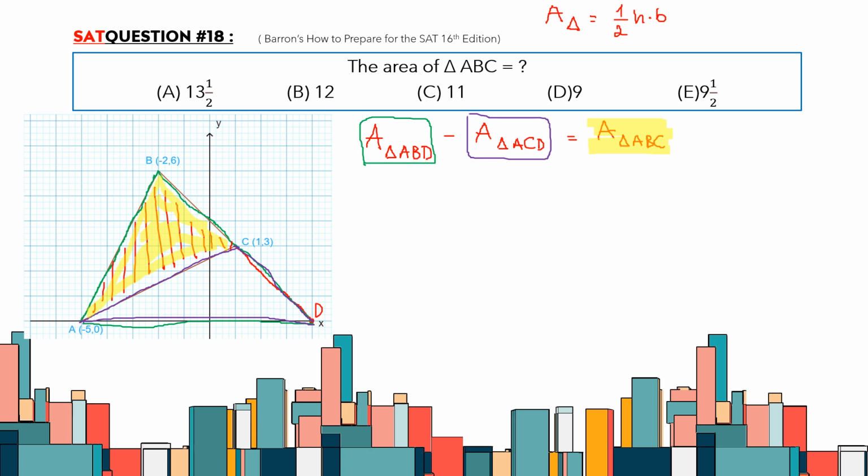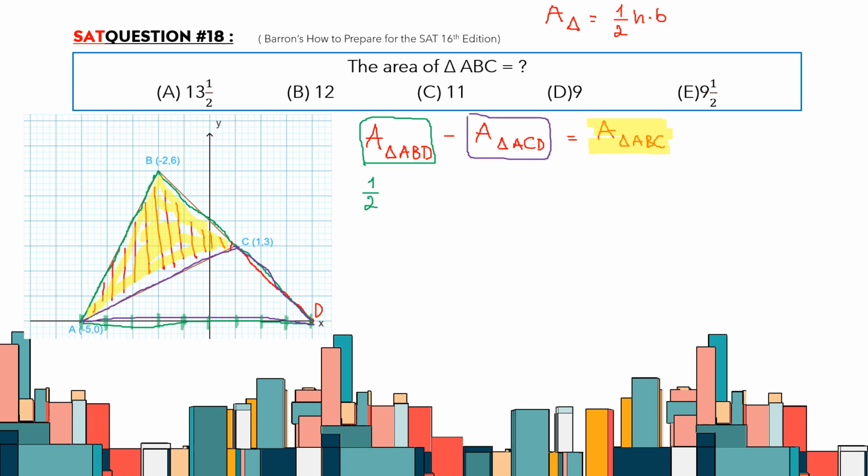From A to D is 1, 2, 3, 4, 5, 6, 7, 8, 9. So the base is 9.